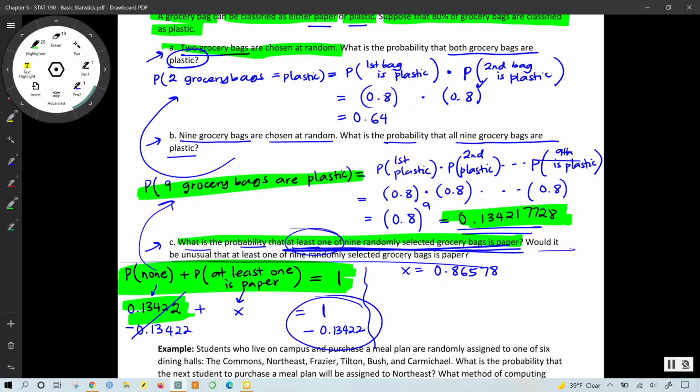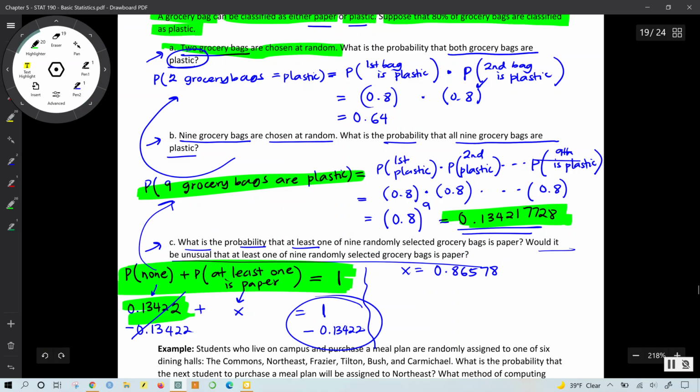Now the latter part of the question is asking, would it be unusual that at least one of 9 randomly selected grocery bags is paper? That means we need to check if this answer in this context is less than 0.05. That is the question. As it stands, it is not less than.